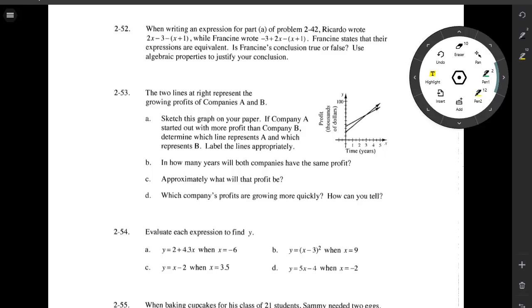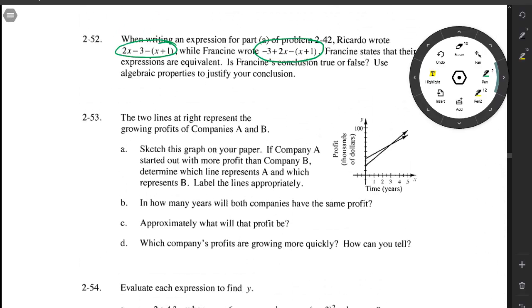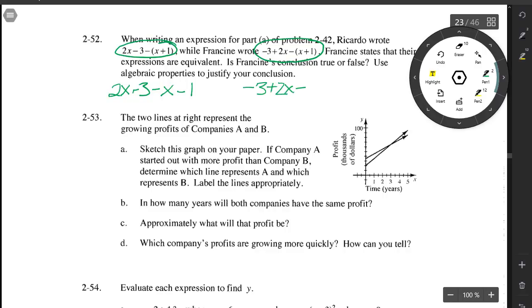Well, all you really need to do is take both of the terms and simplify them. So the one on the left comes out to be 2x minus 3, and then distribute the negative, and then you have minus 3 plus 2x, and then distribute the negative.